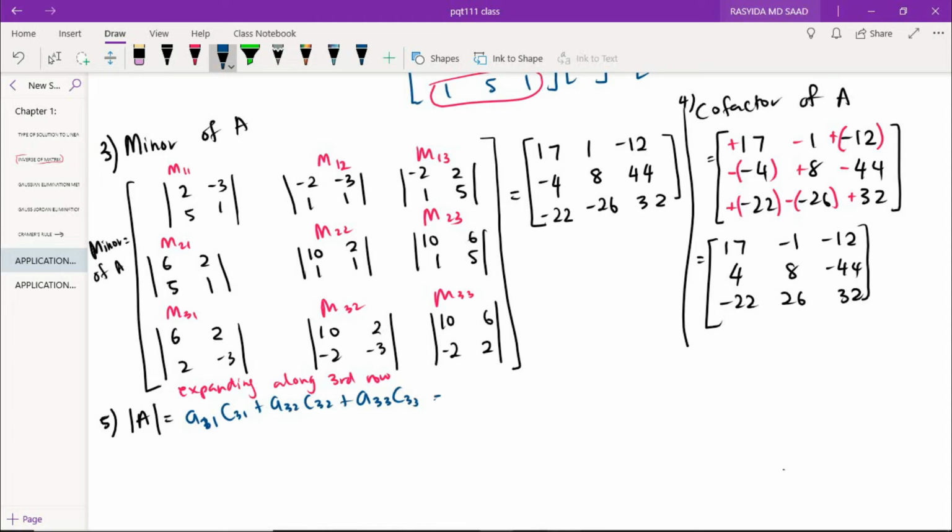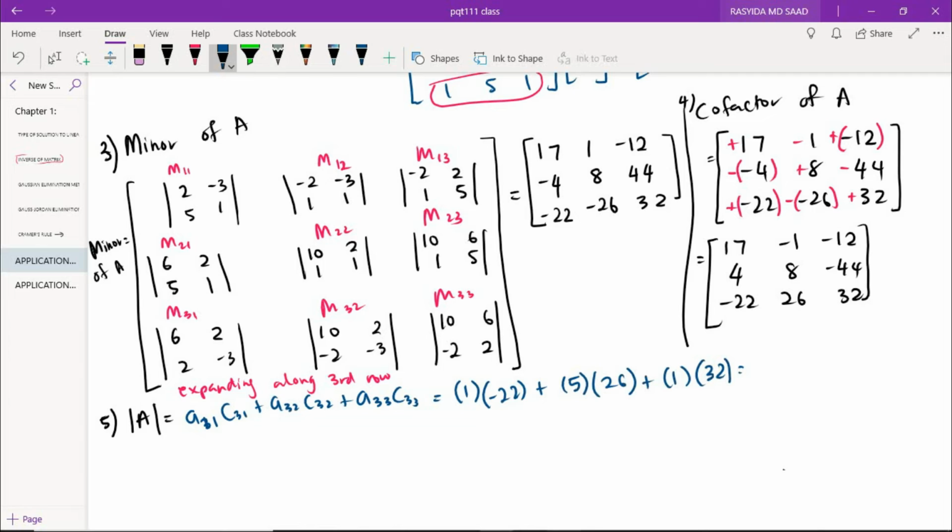So a31 is 1, and the cofactor is negative 22, plus a32, which is 5, and C32 is 26, plus a33 is 1 times 32.